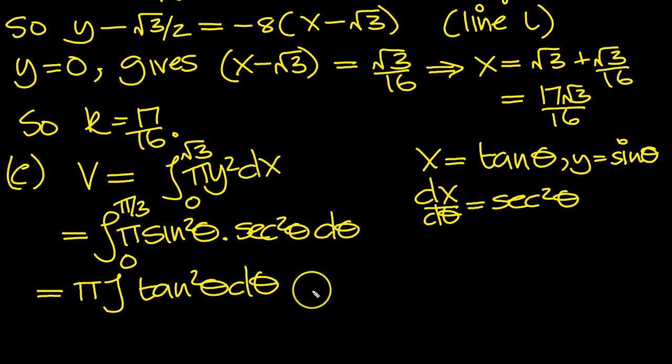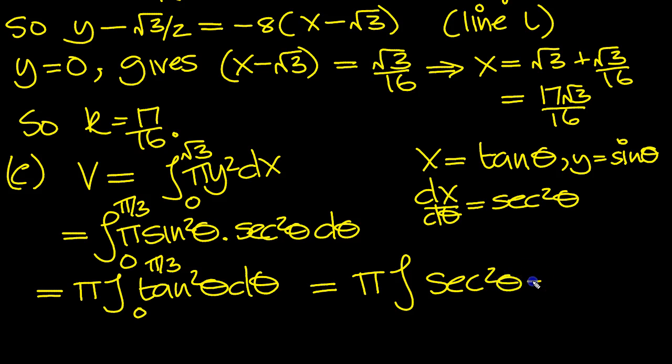Okay, so that equals, between 0 and pi over 3, pi times the integral of sec squared theta minus 1 d theta, using the trig identity: tan squared plus 1 is sec squared, so tan squared is sec squared minus 1.